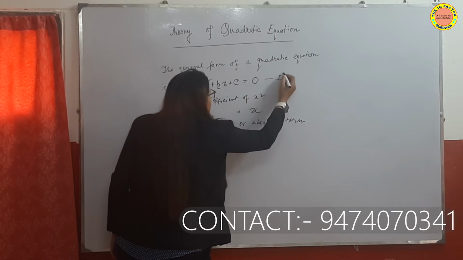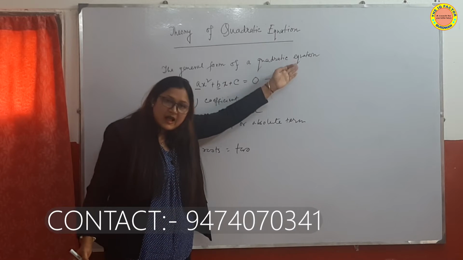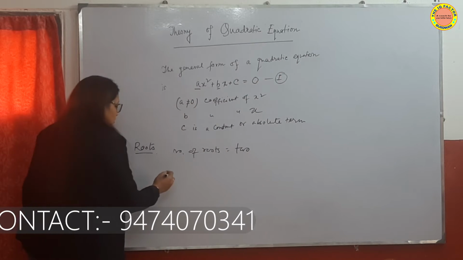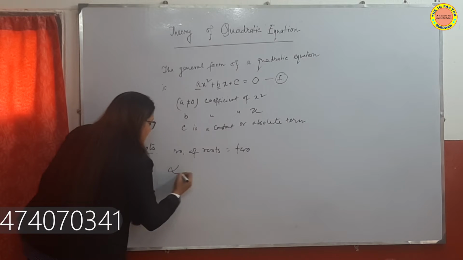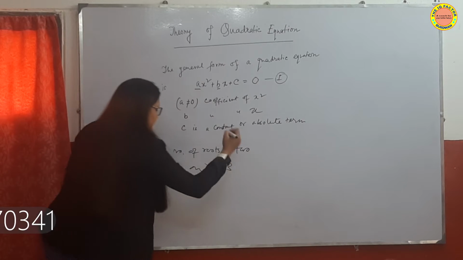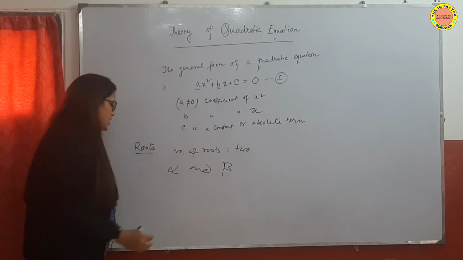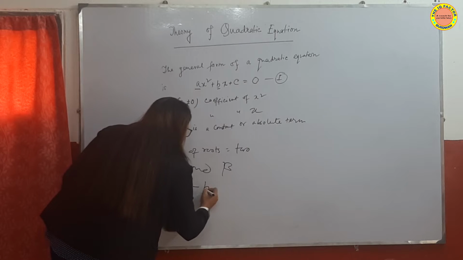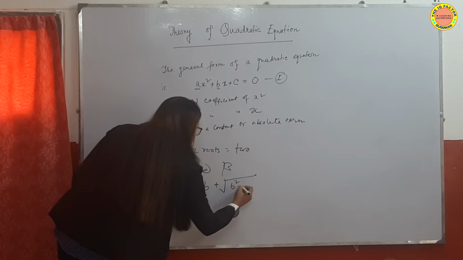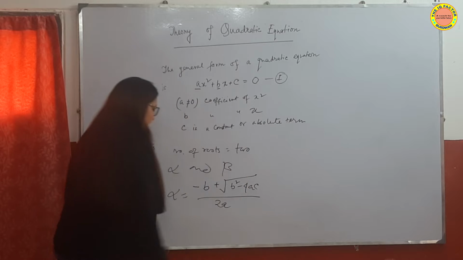Now we will find out the roots. If this is the equation number 1, solving that equation, we can find out the 2 roots. Suppose that the roots are alpha and beta. We can find out alpha is equal to minus b plus square root of b square minus 4ac by 2a.